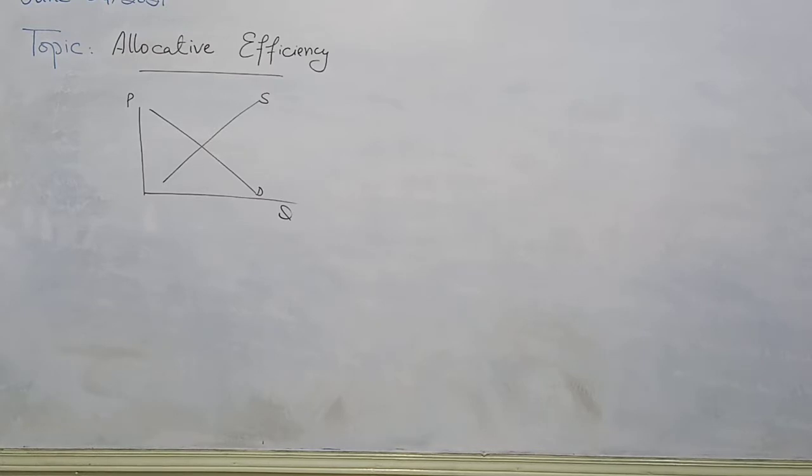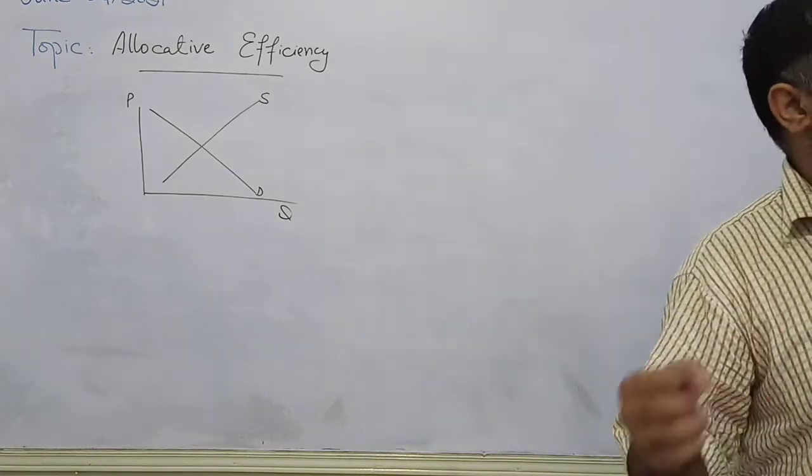General equilibrium means when all the markets, whatever the markets available of all the products, are operating at equilibrium point, then we say there is general equilibrium.